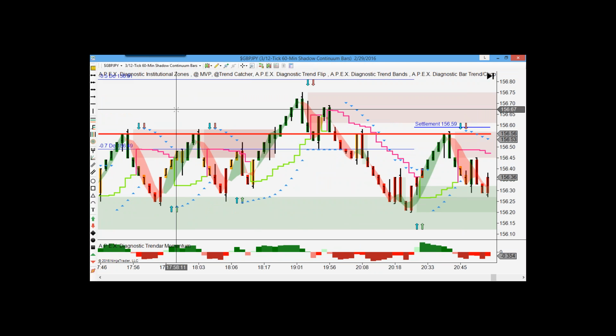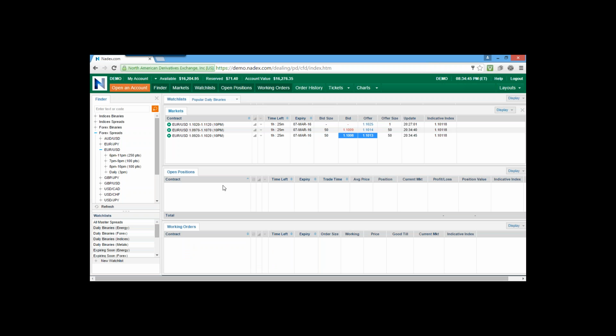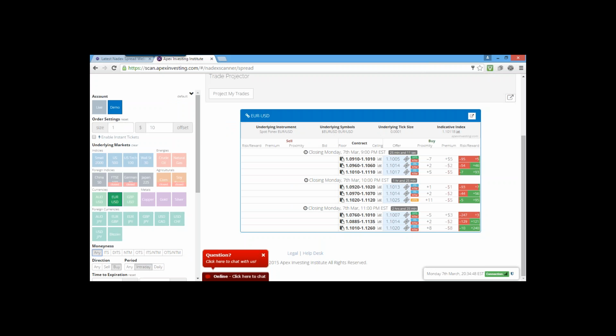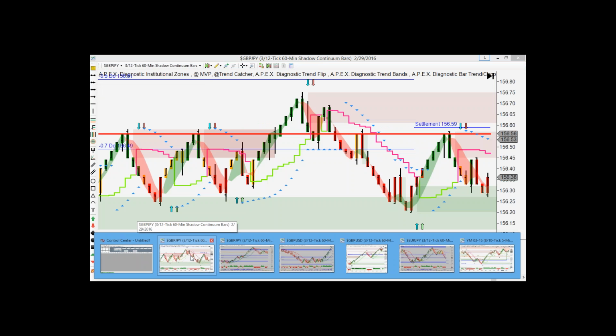So just to kind of wrap up, I'm sorry we got such a late start with our tech issues earlier. If you are on the Apex website, and again, now you also see a little more why this is so nice to have, this spread scanner. Because if I'm watching a chart and I'm seeing that I'm about to have a setup, like, okay, maybe I'm about to get a short on pound yen.